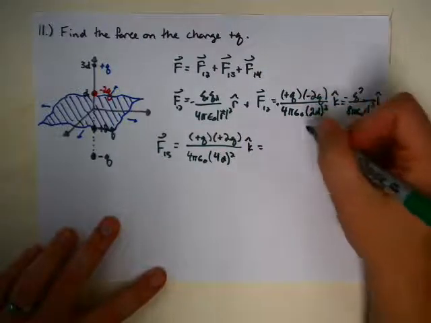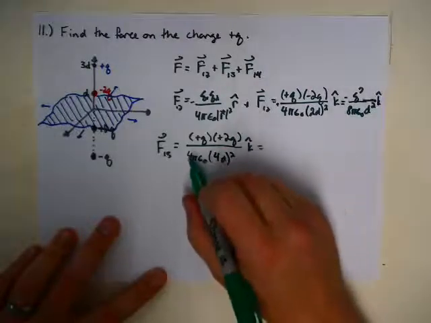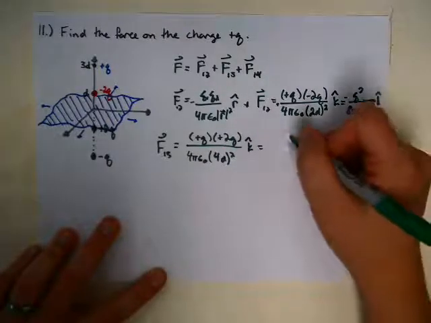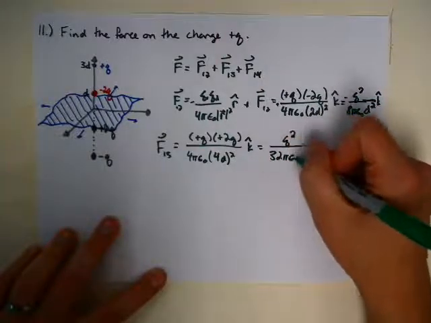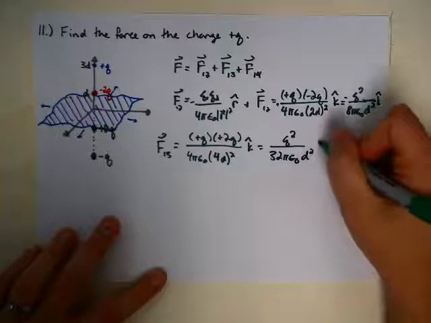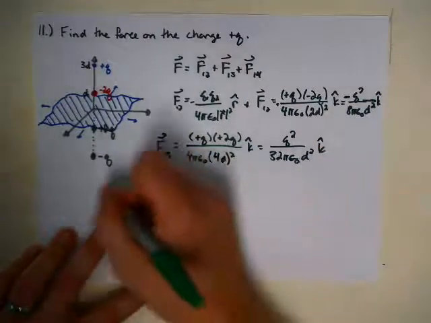If I expand this out, 4 squared is 16, times 4 is 64, with 2 on top, so 32. So Q squared over 32 pi epsilon naught d squared, k hat. So this one's minus, this one's positive.